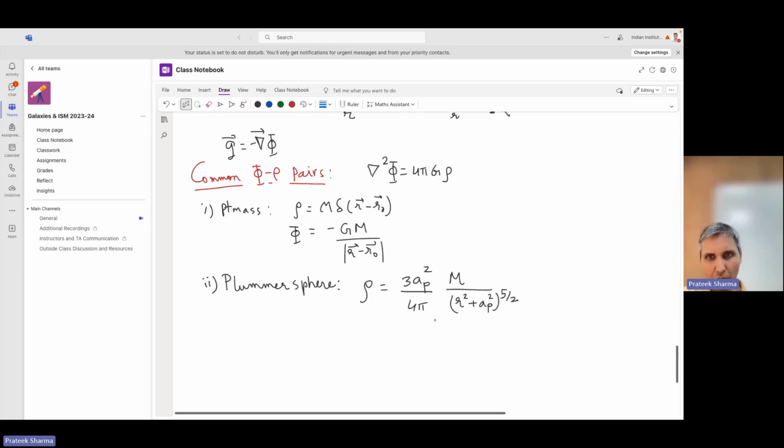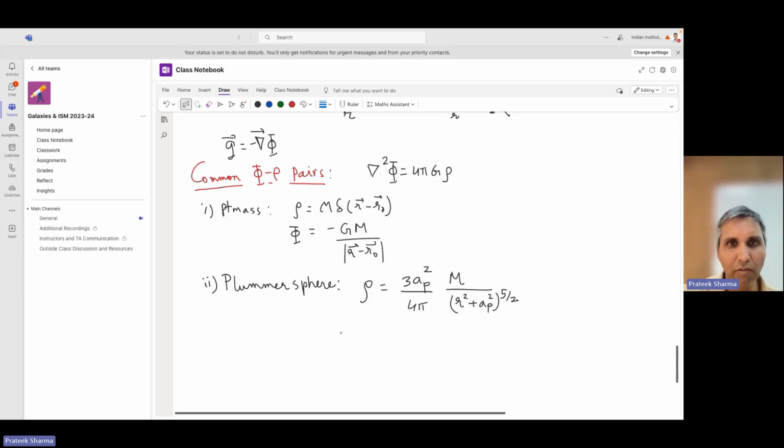Okay. So for small radii, the density becomes constant, right? When r is small. For large radii, density goes like r to the minus 5. It falls very steeply. That's why it has a finite mass. If you integrate 4 pi r squared rho dr, it will give you M. Okay, so this is the total mass.